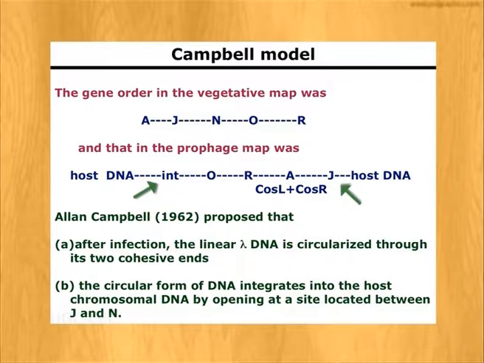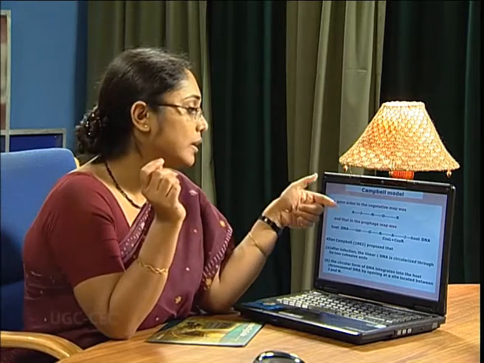But after entry into the E. coli chromosome, the map has the INT gene at one end and the J gene on the other end. That means though the relative order of the genes is still the same, the ends are not the same. The vegetative map and the prophage map are cyclically permuted.